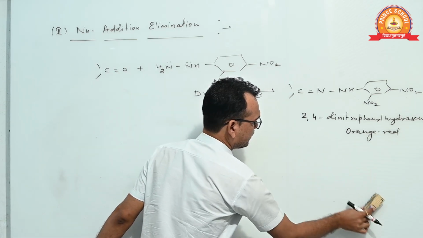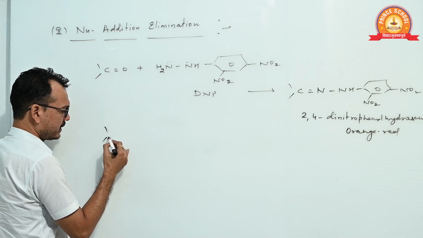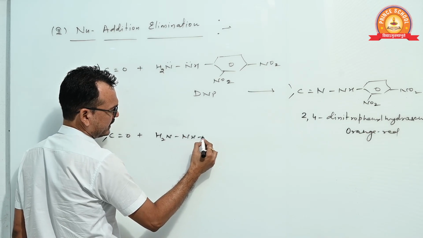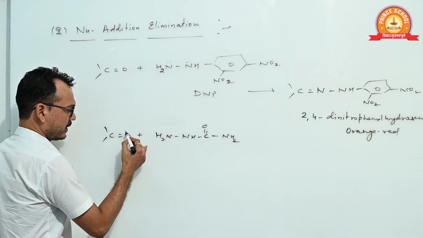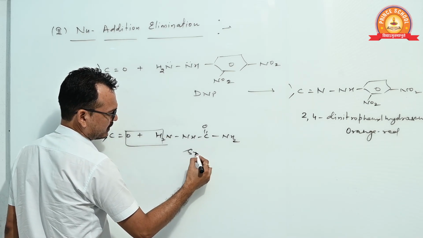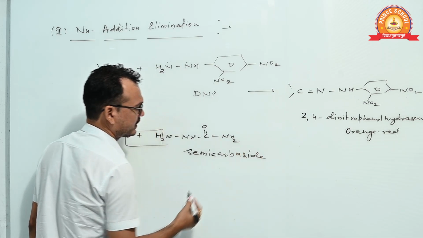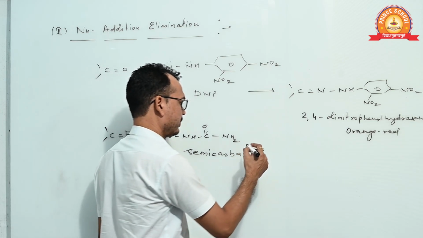Orange red. This is the specific chemical test of carbonyl compound. And the last reagent is: C double bond O with NH2 NH C double bond O NH2. Then what happened? It is the semicarbazide. And the compound formed is the semicarbazone.